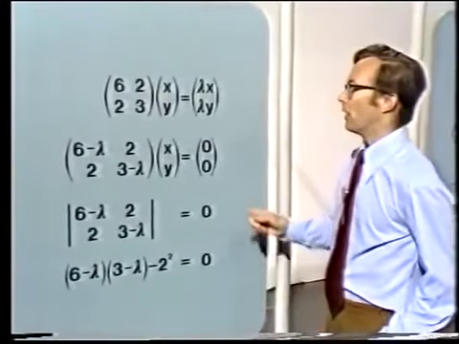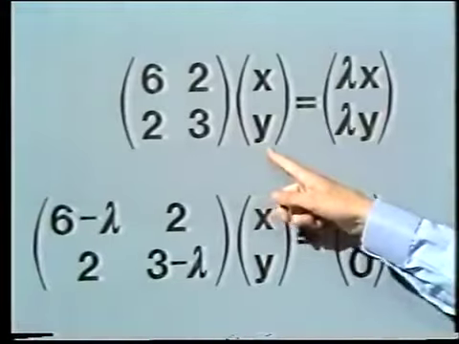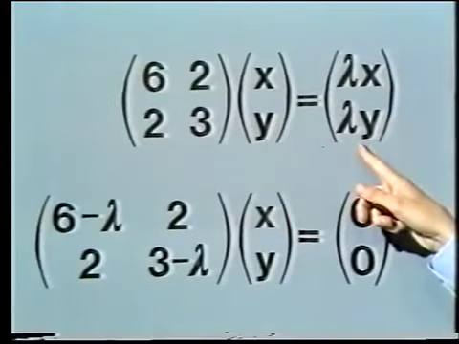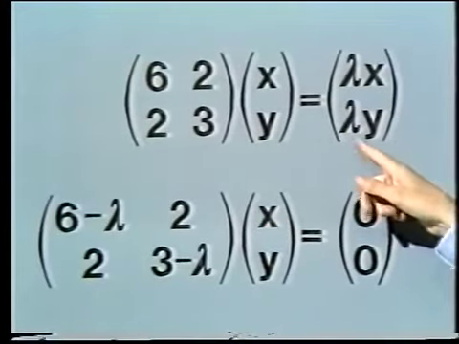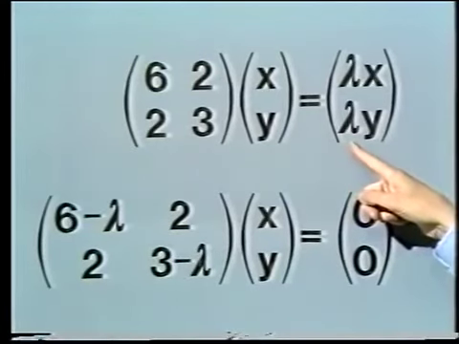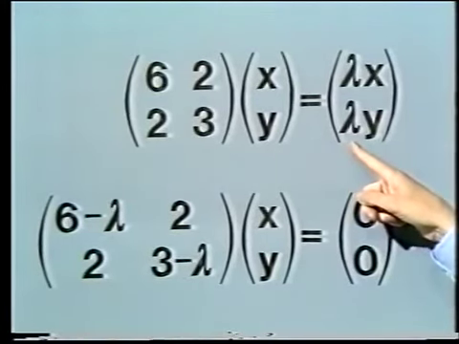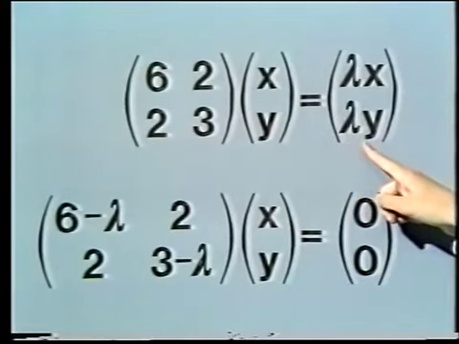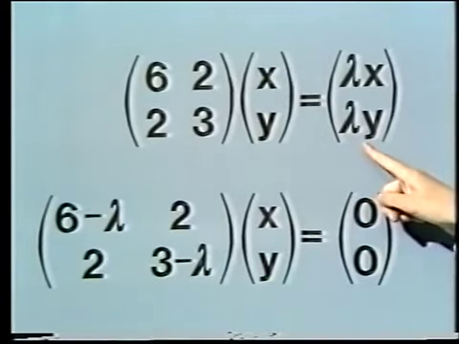Here's our eigenvector equation. The eigenvector gets mapped to lambda times itself. And we've got to find out the possible values of lambda. And what we do, you've already seen this earlier on in the text, we subtract this vector from both sides.